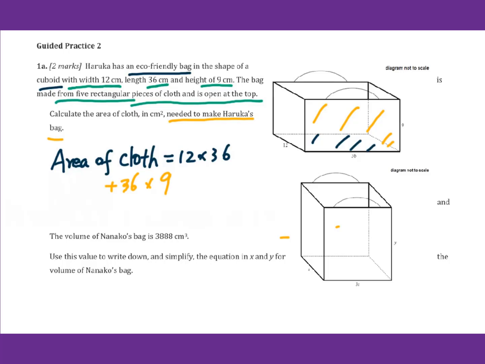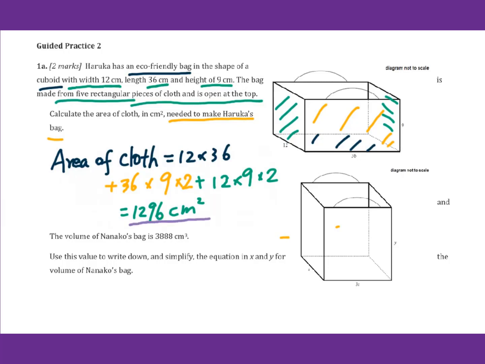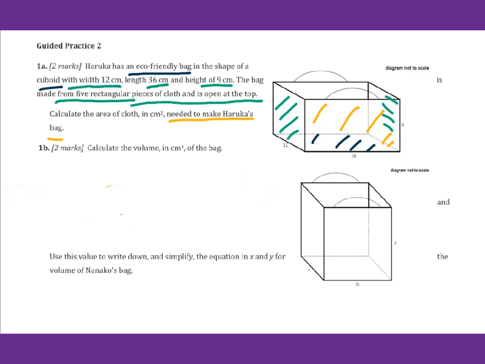We have front and back, so we multiply by 2. Then we check the side. This side, it will be 12 times 9. Also, we have this side, so we multiply by 2. Then we put into calculator, you will get 1,296 centimeters squared. Let's go to 1b.